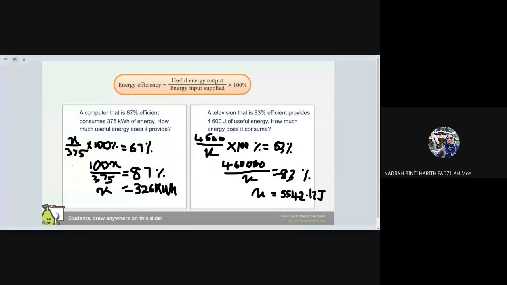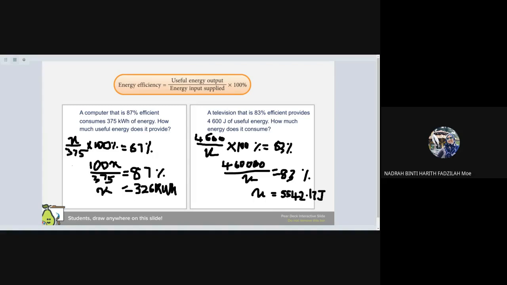83% ya. Kenapa saya nampak 63? 83 tau. Putri Dania dekat situ 83 ya. Jangan tersilap salin. Okay. Adam, kenapa kamu tulis 67 ya? Mana kamu dapat 67 ya? Tapi betul pula tu jawapan dia.